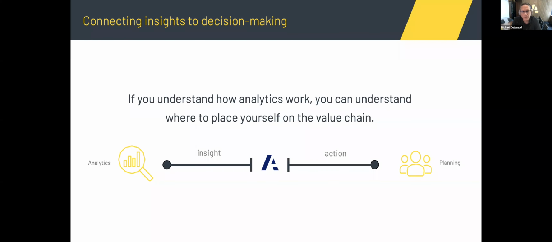But in a world that we live in today where things are highly variable and the output of that analysis can change from day to day and week to week, the ability to understand at a granular level what is going on and why certain insights are being driven is critical for the planner to trust the process and effectively put those things into action.